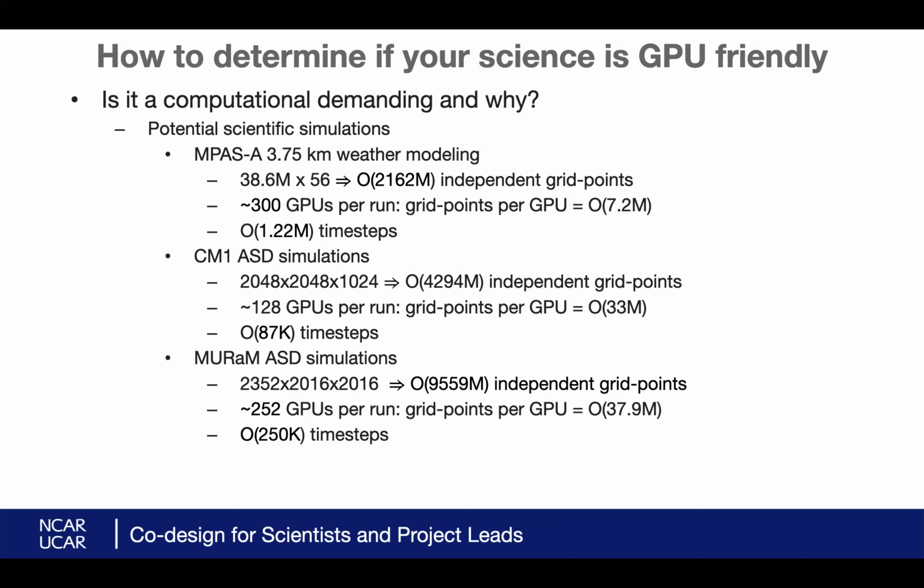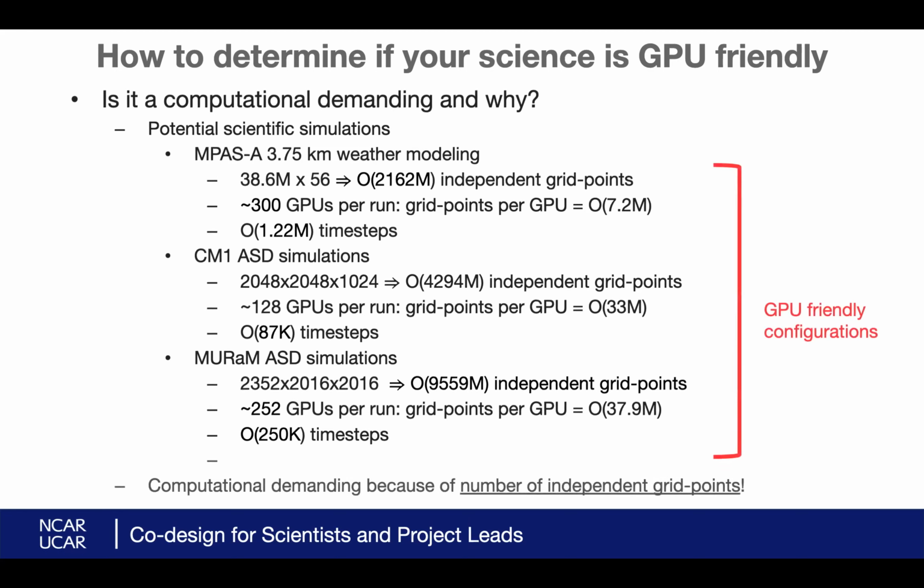In the total simulation it has 9 billion independent grid points, and the problem size per GPU is about 38 million. These are very large problems, and so these are all really GPU friendly configurations. They're computationally demanding because of the number of independent grid points. That's the key thing to think about when you're thinking about your own science.